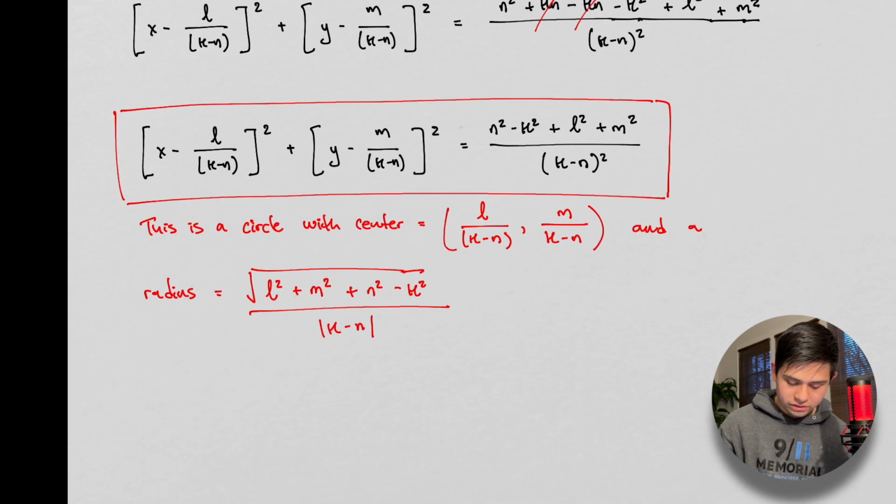And the circle has a center of this and a radius of this. So this side tells us what the radius is, and this side tells us what the center is.